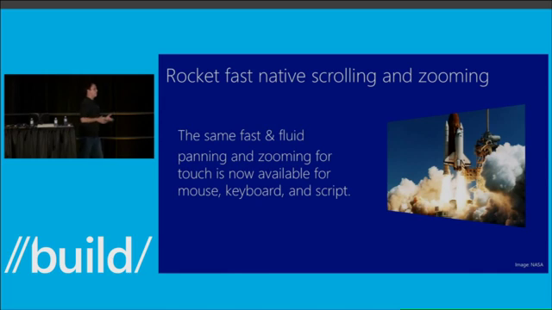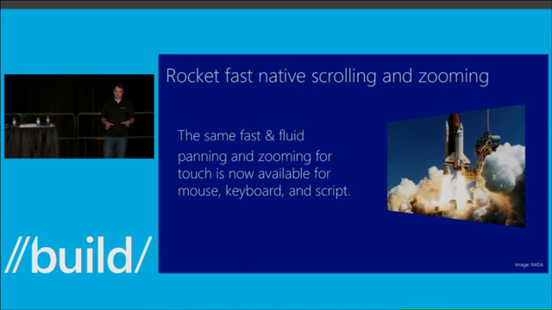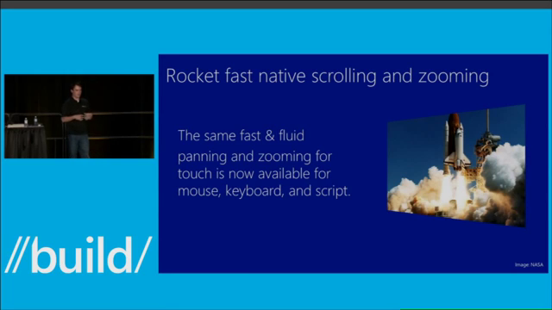Another great way to improve your touch experience is to actually write less code. Use native scrolling and zooming whenever possible. We find actually that sometimes sites will handle touch input and move content themselves. And while that works, and IE 11 has the fastest JavaScript engine out there right now, the best experience and the best taking advantage of the hardware is to use native panning and zooming.